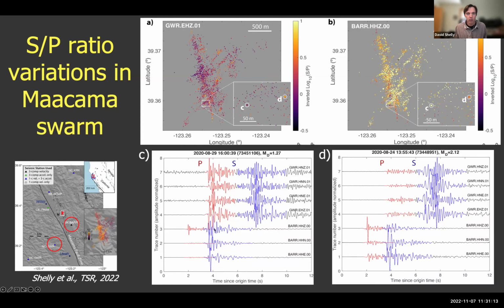At GWR, C has a much lower S to P amplitude ratio than D, and the opposite is the case at BARR. These are two events that are only about 120 meters apart, so this difference in S to P amplitude ratio is not a function of location difference. It's instead almost certainly a function of the difference in slip orientations for these two events.